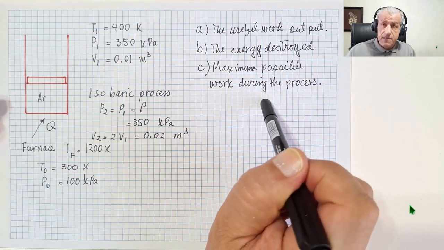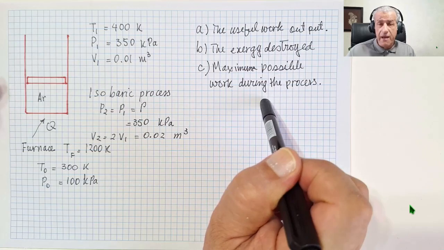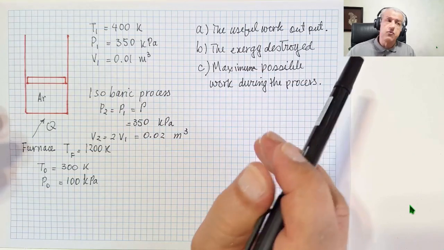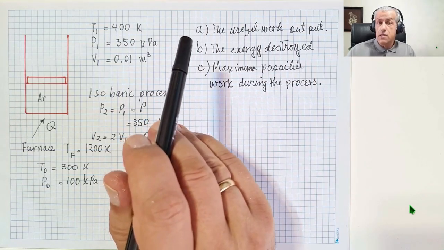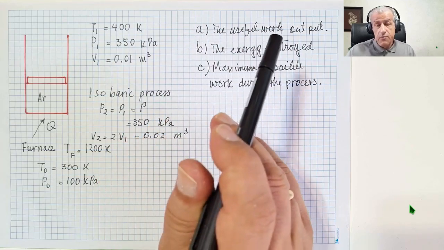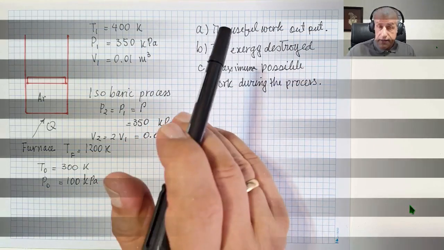We say, assume a process where maximum work is possible to produce. And once we define the process, then you would move to calculate final properties and other process parameters. This is a different aspect which we shall follow right now.